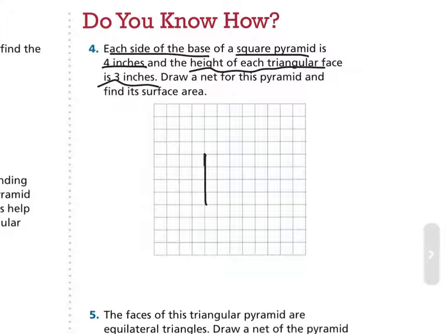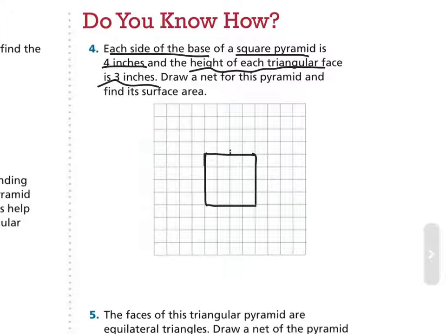But so this is a square. It's a 4 by 4 square. That would be the first thing. We just need to draw that 4 by 4 square as our base. Obviously the base of the triangles would be 4. The height of them would be 3.